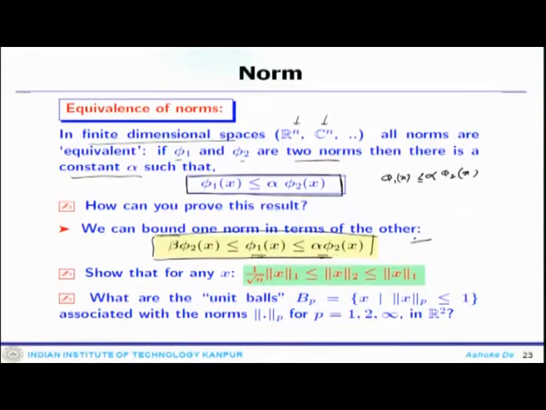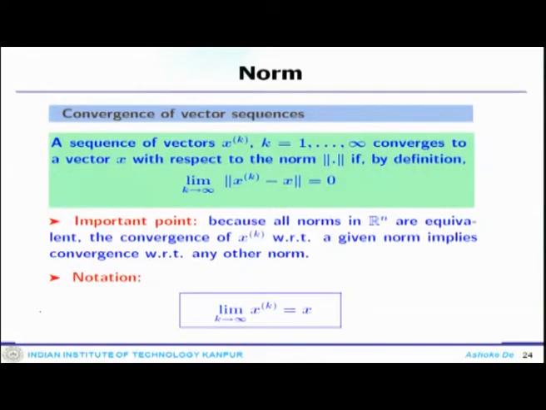So, this is the boundedness of norms. The norms can also be made bounded, so you get these properties. These are for some homework, one can do that.